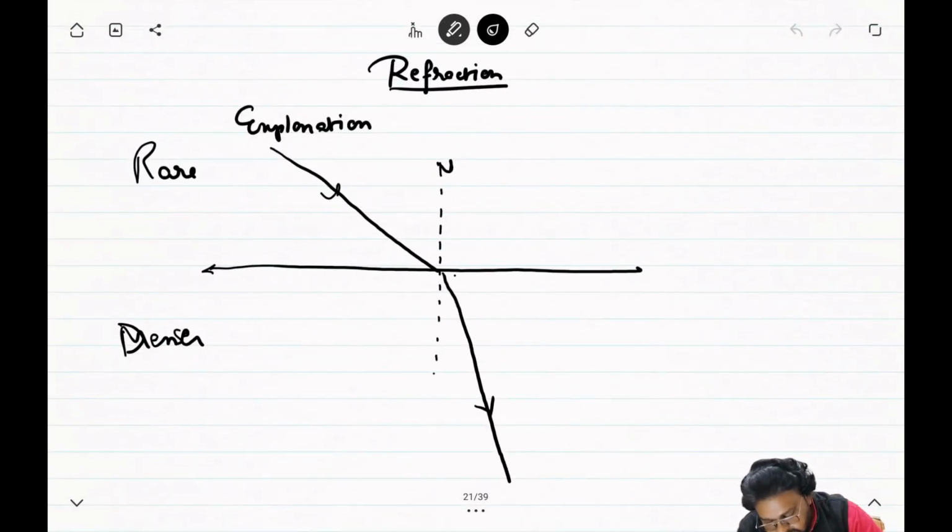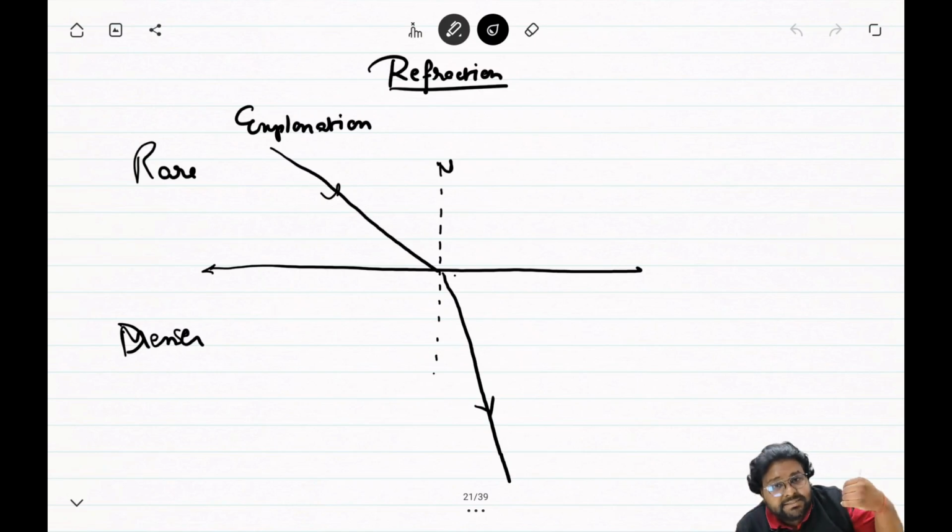Concept of refraction, again, is to maintain the speed. Basically the speed of light is 3 into 10 to the power 8 meter per second. To maintain the speed, which is distance upon time, that means wavelength upon time period, it shortens its distance.